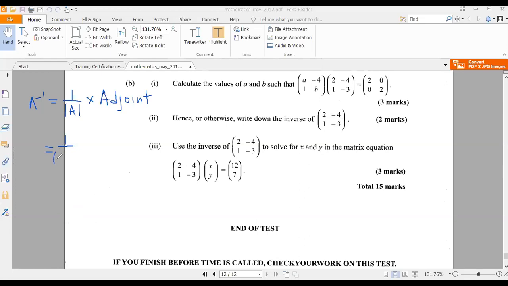So it would be 2 times -3, which is the leading diagonal, minus 1 times -4, right? Then times the adjoint. Anybody remember how to do the adjoint part?